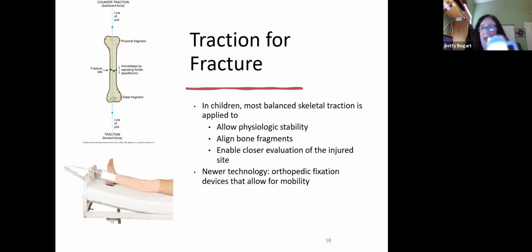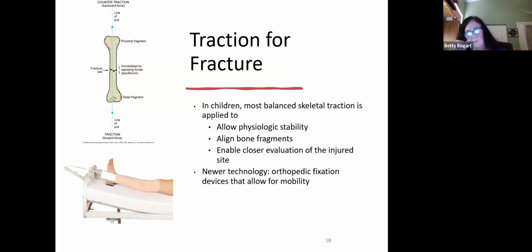So I've already mentioned that good old Bucks traction, right? There's skeletal traction and there's skin traction. Today we don't use skeletal as much as skin traction. We used to take a pin and put it through their leg and it would pull their femur straight, and they would be in a hospital for a month.